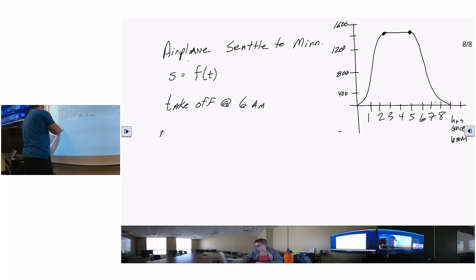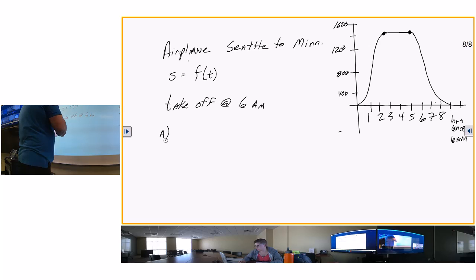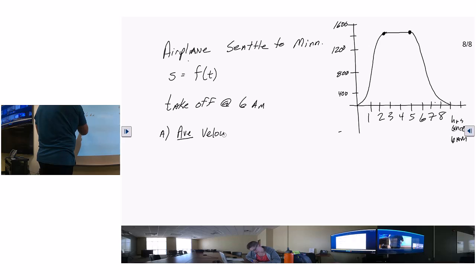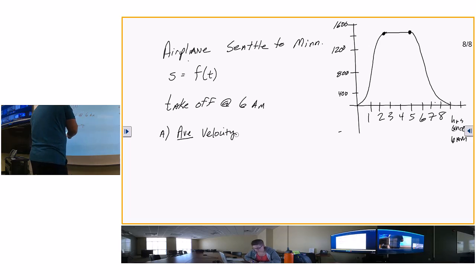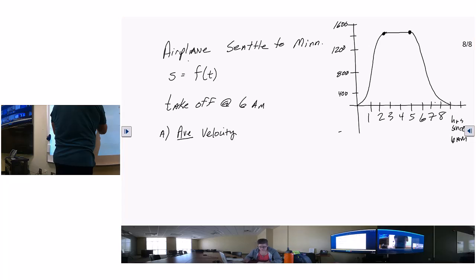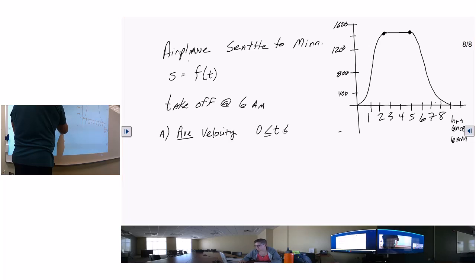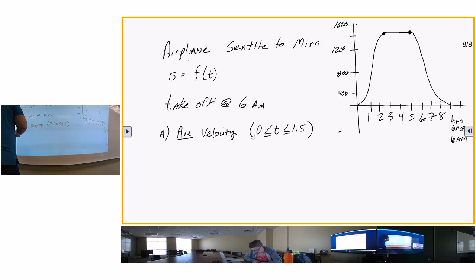Okay? And they want to know, here's the first one. A, calculate the average velocity from t is equal to 0 to 1.5 hours.